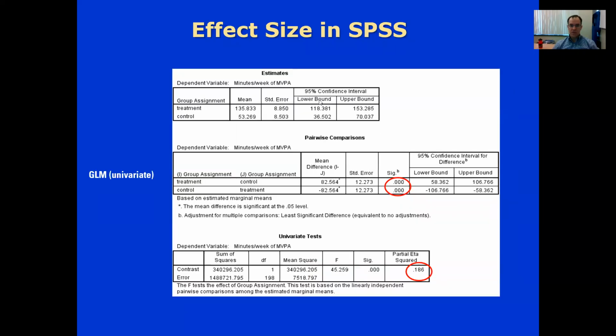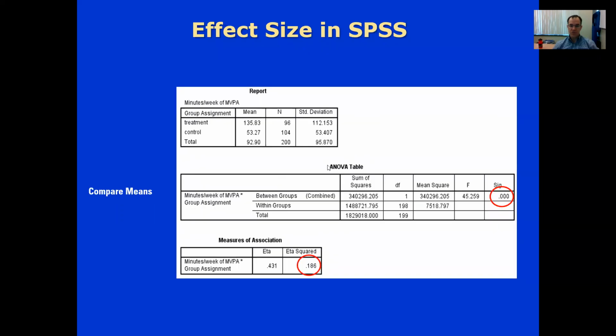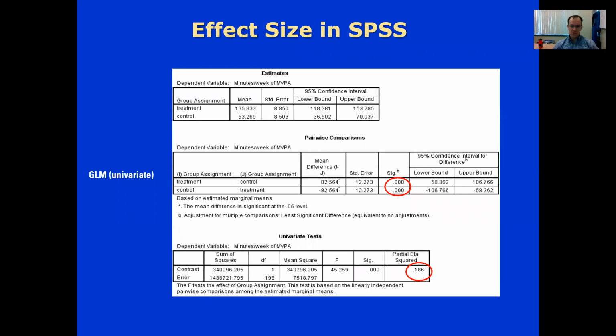So just a quick note, these are similar tables, but instead of using the one-way ANOVA here, or excuse me, the ANOVA comparisons, here we use the GLM, the General Linear Model, and the outcomes are exactly the same between treatment and control that we saw previously. There is a significant difference as we showed before.